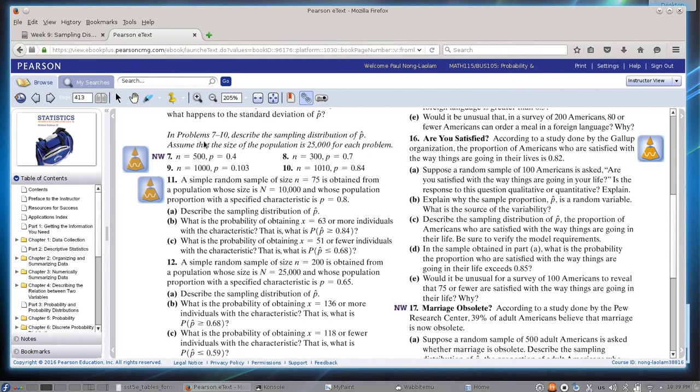For problems 7 to 10, we need to describe the sampling distribution of the sample proportion and assume that the size of the population is 25,000 for each of these 4 problems. Let's take a look at number 9.